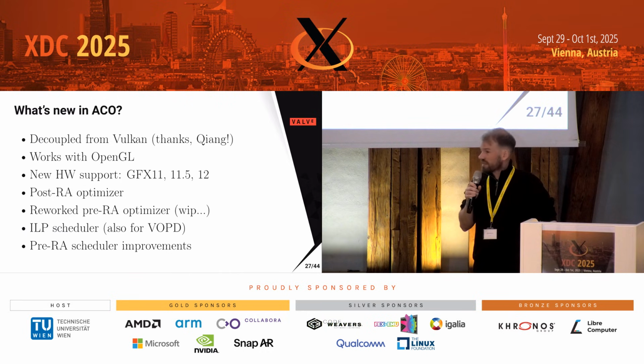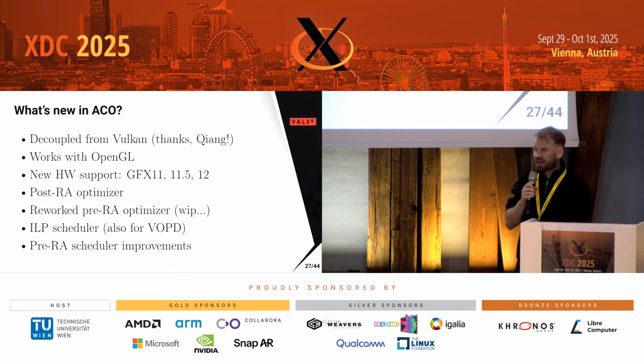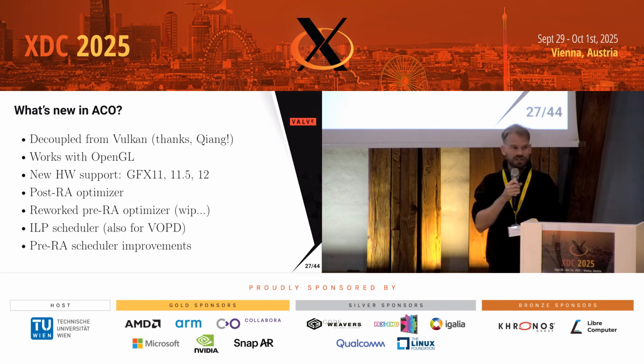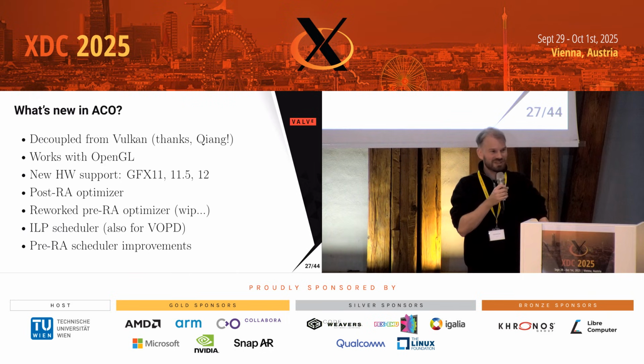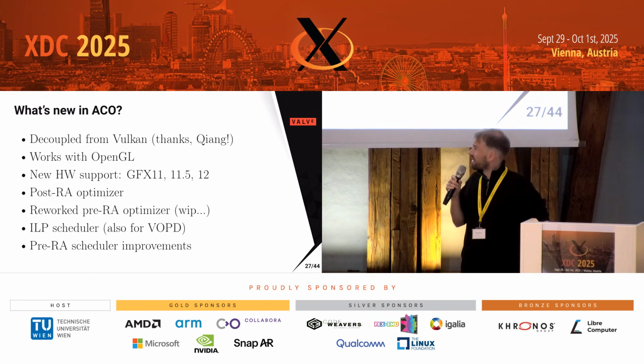We also use the same scheduling framework for the so-called VOPD instructions. These are some kind of VLIW, very large instruction word instructions, which can issue 2 ALU instructions at a time. We use that framework to combine multiple ALU instructions into single ones.